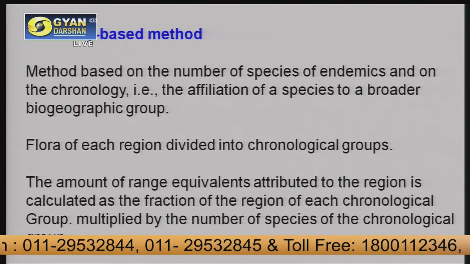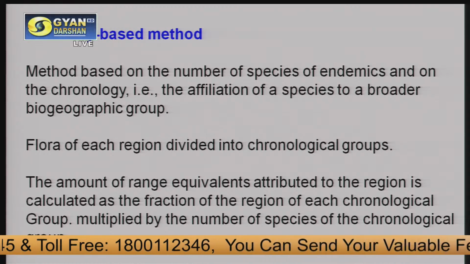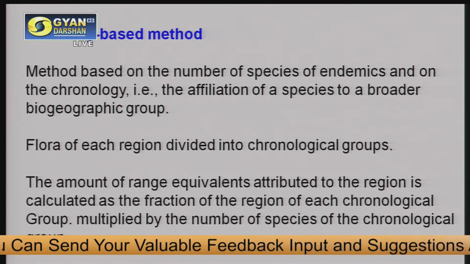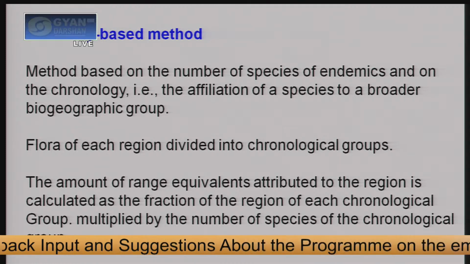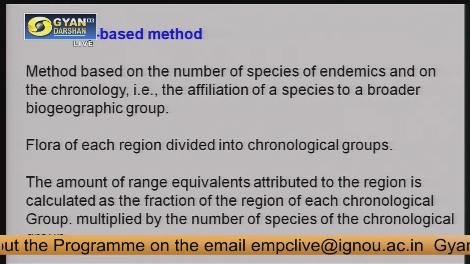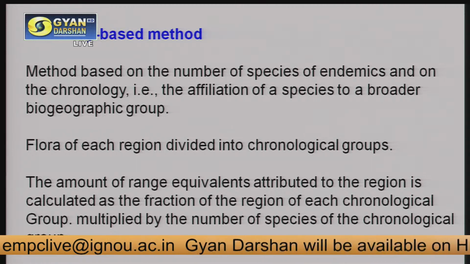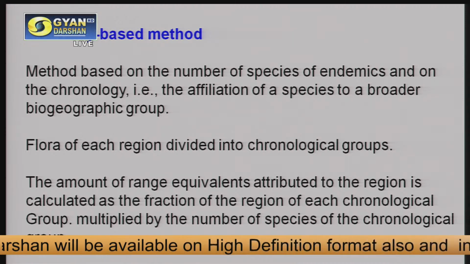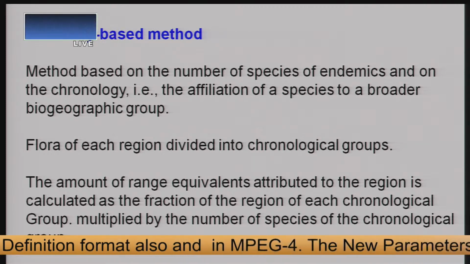The second method that you have is the inventory based method. Now this method is based on the number of species of endemics and on the chronology, that is the affiliation of a species to a broader biogeographic group. The flora of each region is first divided into chronological groups. The amount of range equivalents attributed to the region is calculated as the fraction of the region of each chronological group multiplied by the number of species of the chronological group.